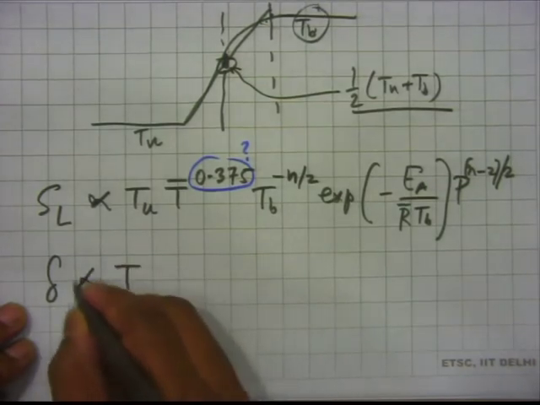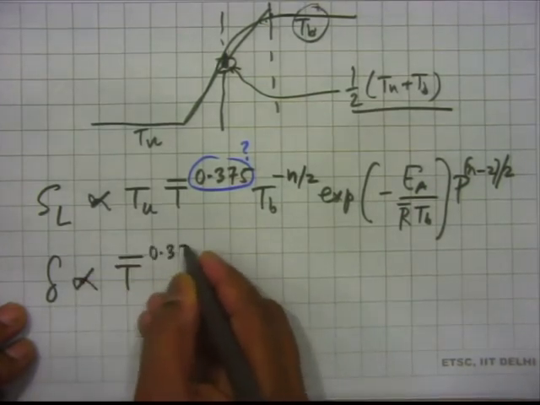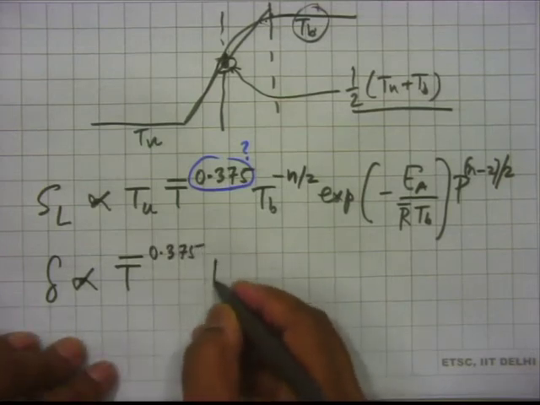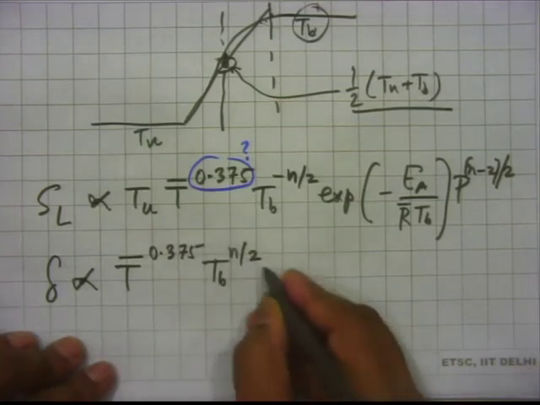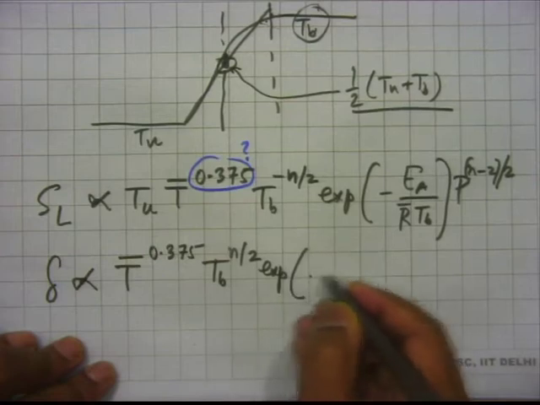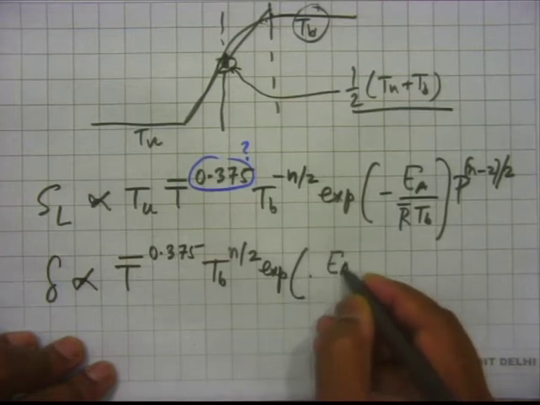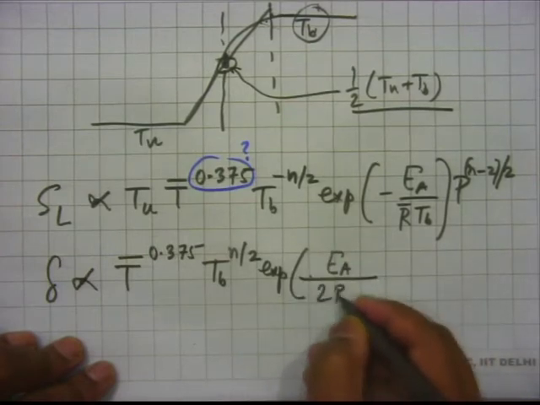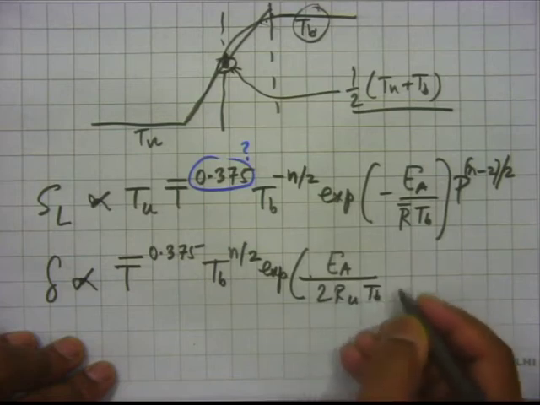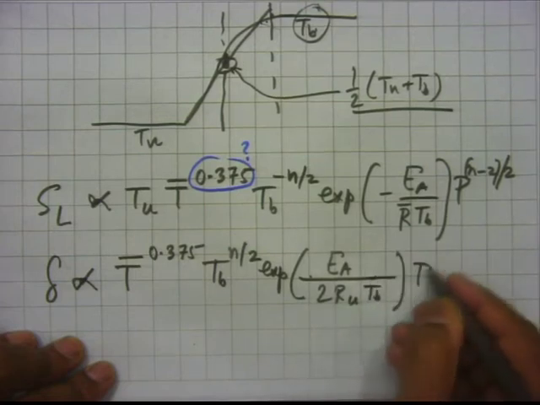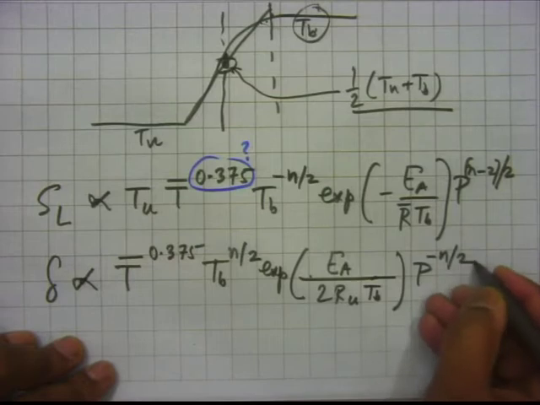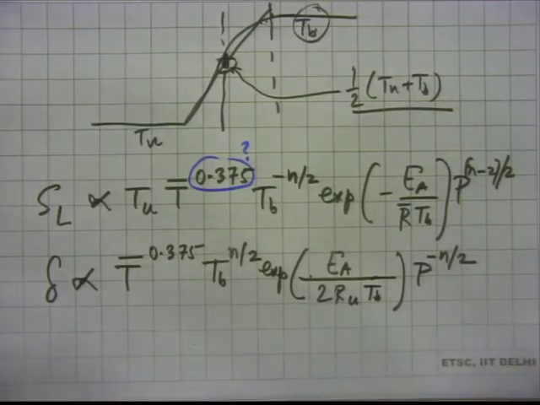So again, 0.375 Tb to the power n by 2, p to the power minus n by 2. Okay. So the expression also would have a 2 in the exponential. Which one?